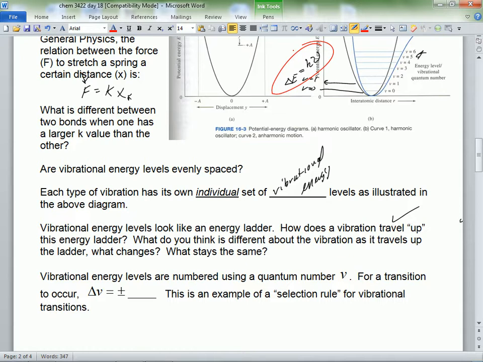Potential energy changes, but if you're just observing that vibration, it absorbs the right energy that matches its vibrational energy ladder. What would change in that vibration? It has to be more energetic somehow, right? Because it absorbed energy. So more heat is applied.